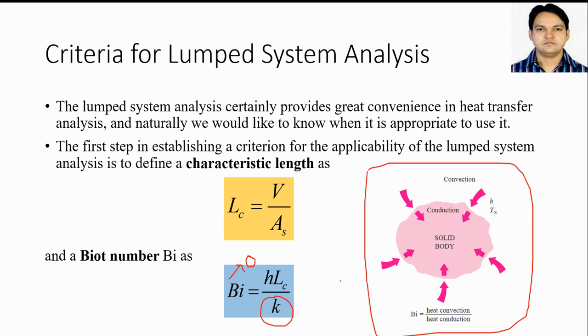When your conductivity decreases and specific heat increases, your Biot number changes. So when Biot number is 0, the heat transfer is maximum and you can use this equation. But when your conductivity is decreasing, specific heat is increasing, your Biot number is increasing, then this particular system, lumped system analysis, will not give you accurate results.